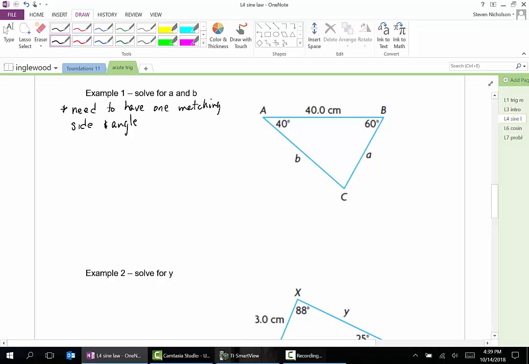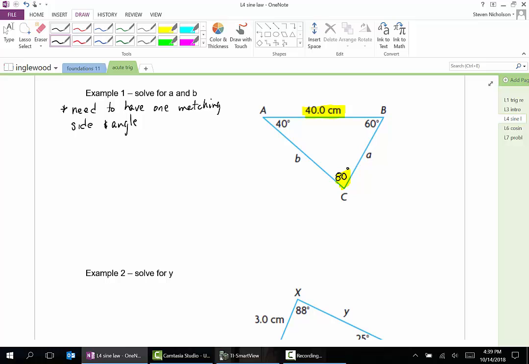In this one, we have this angle down here, which isn't entirely given right now, but we have that side as well. Based on what we know about the interior angles of triangles, it's not exactly given, but there's our matching side. We have big C and we have little c.